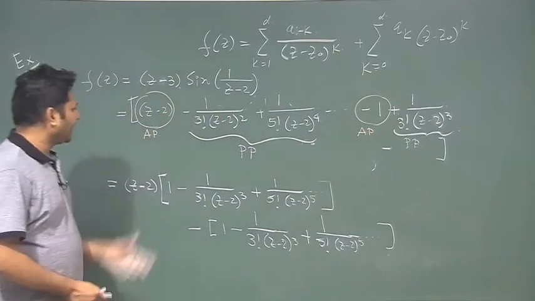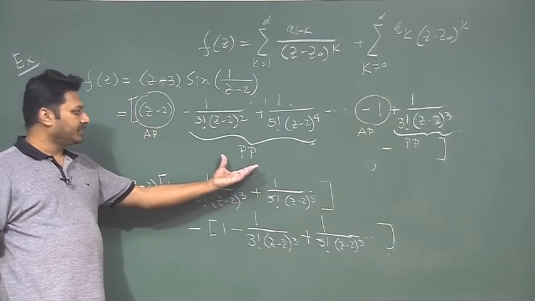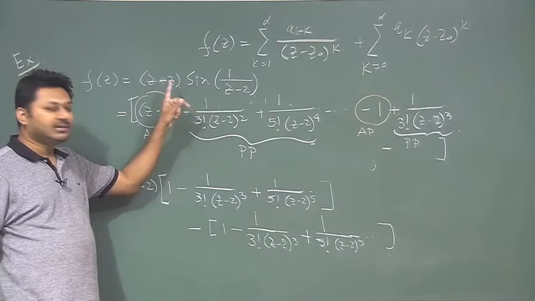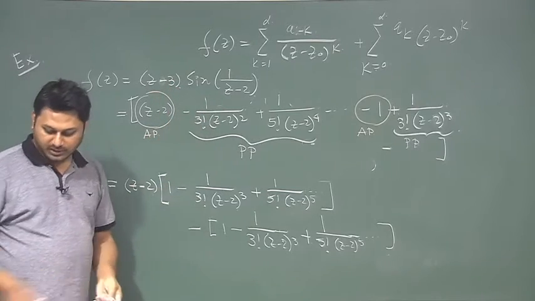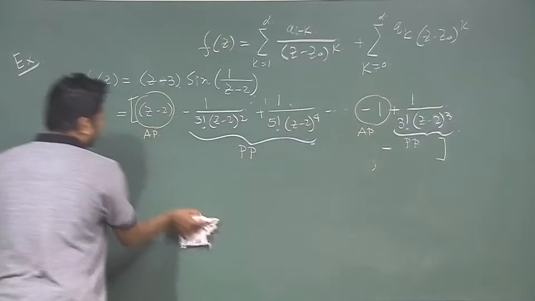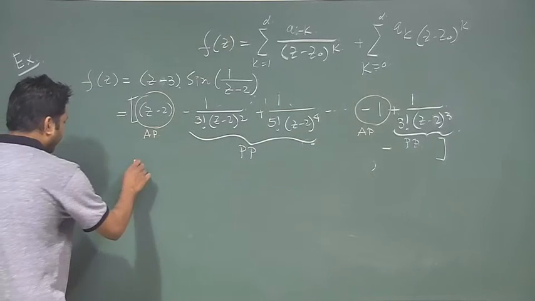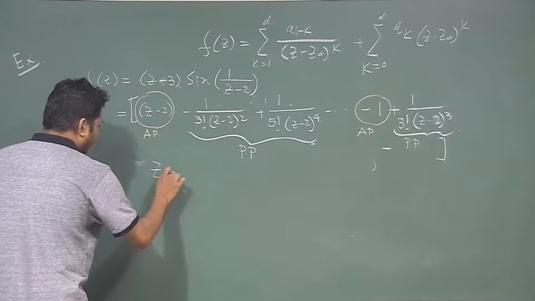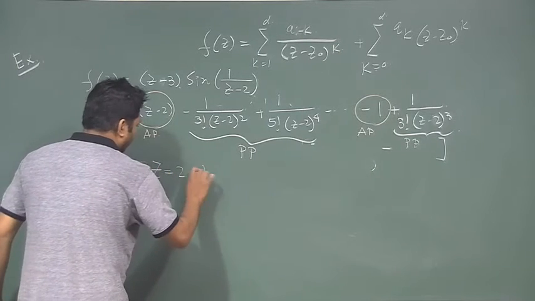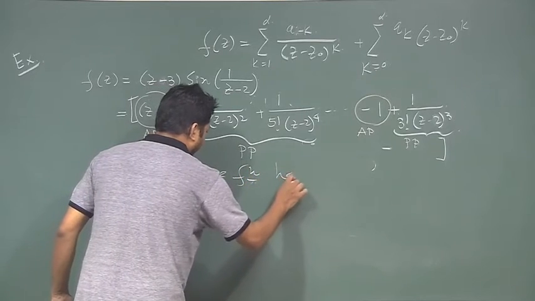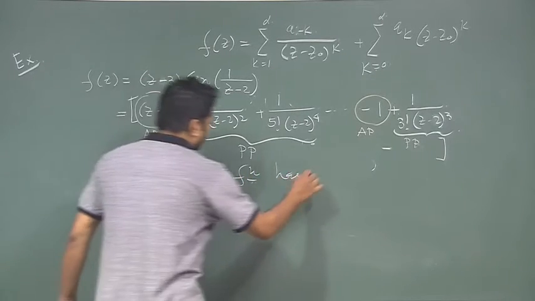So, we have only two analytic terms here and an infinite number of principal part terms. So, that means at z equal to 2 point this function has an essential singularity. So, the conclusion is at z equal to 2 the function has essential singularity.